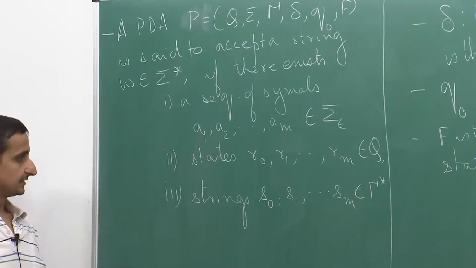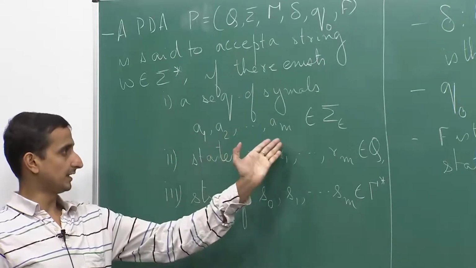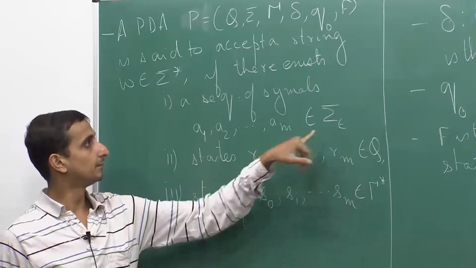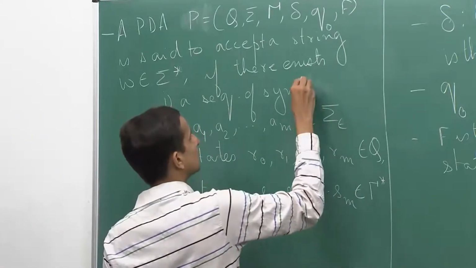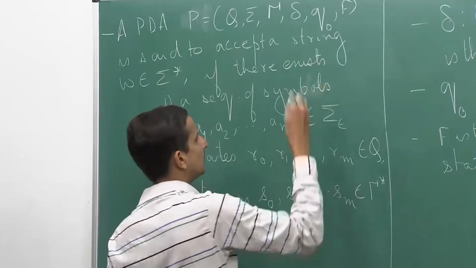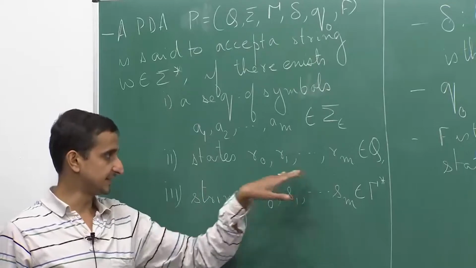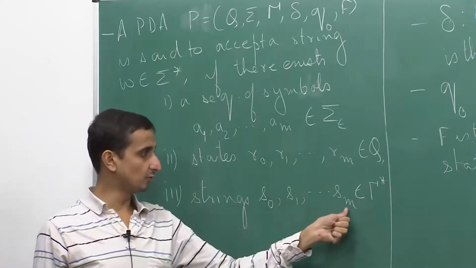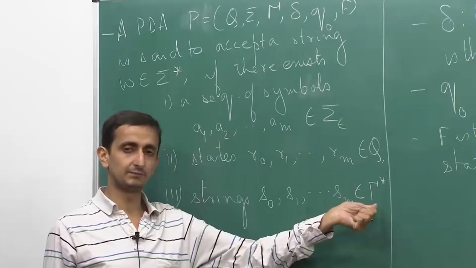So essentially we assume three things: a1 through am, which are symbols in sigma epsilon; states r0 to rm; and strings s0 through sm over gamma star. These are strings over the stack alphabet.